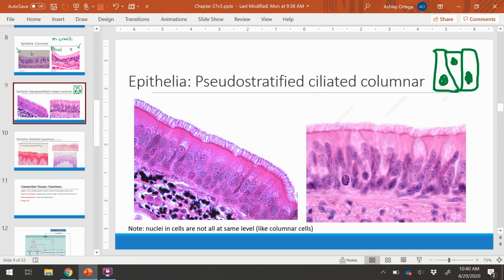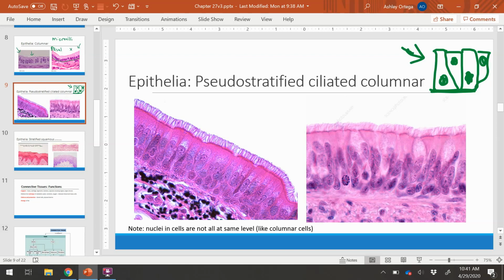Here you can see two images of pseudostratified ciliated columnar cells. But if you wanted to see a diagram of what pseudostratified really looks like, it would be kind of like this, but probably a lot better: the nucleus of one cell is going to be by the basement membrane on the bottom, and then one of them is going to be towards the top, and the next one towards the bottom or in the middle, and it just keeps going with different regions of where the nucleus is.